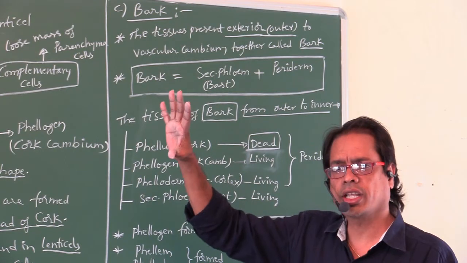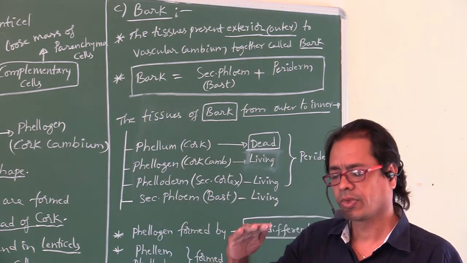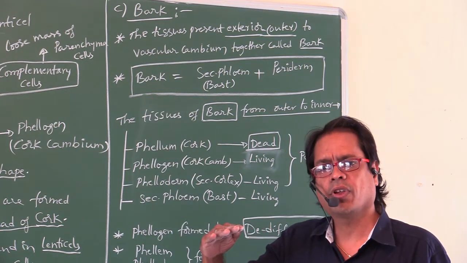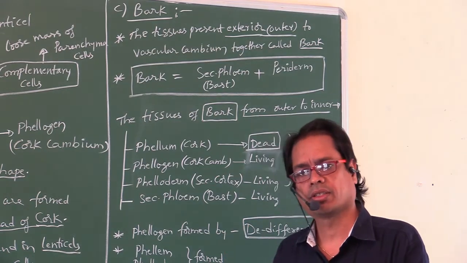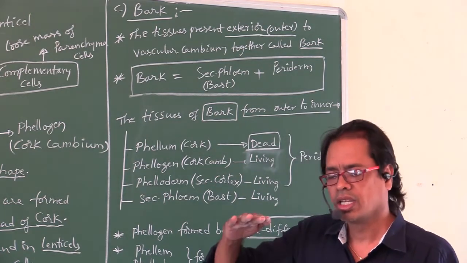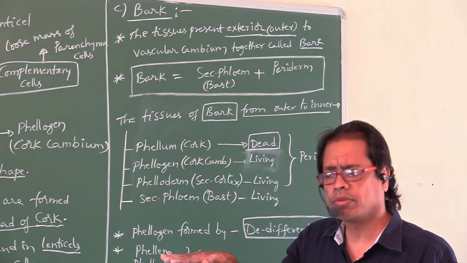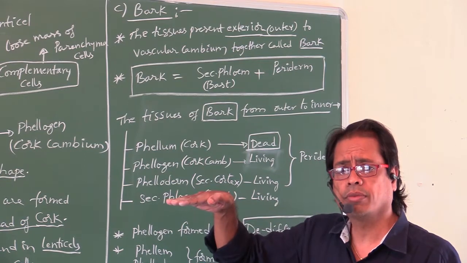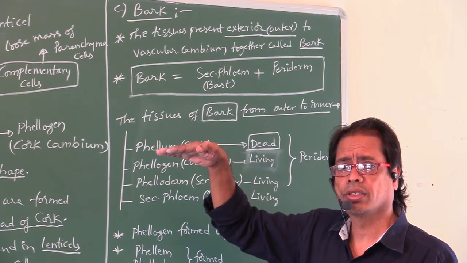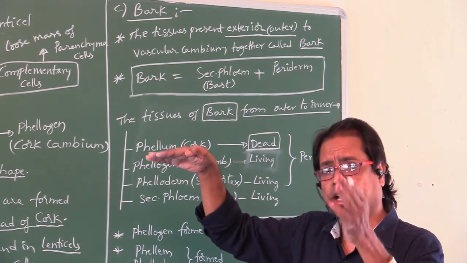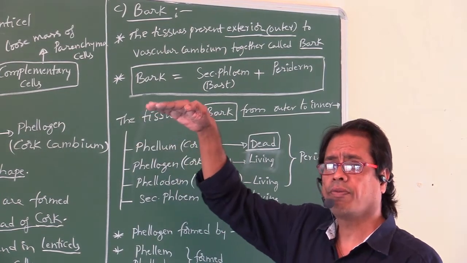In the cortex, when secondary growth occurs, periderm is formed. So if all the layers have not disintegrated, outer to vascular cambium there is secondary phloem, primary phloem, pericycle, endodermis, cortex, and where secondary growth occurs, phelloderm, phellogen, phellum.